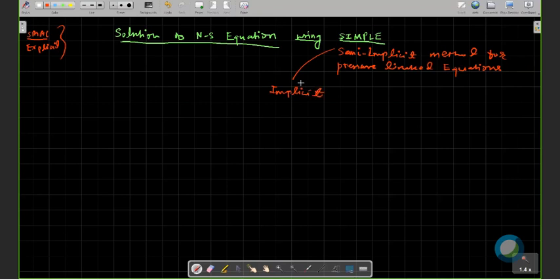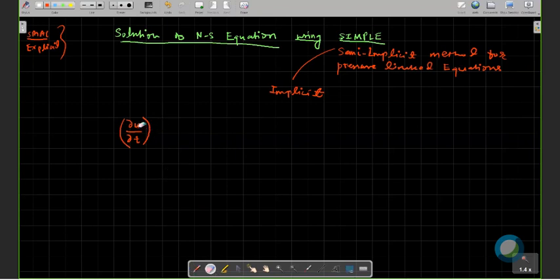Okay, so what does implicit mean? Say you have these equations. The x momentum equation you have to solve. Let me write it in discretized form.